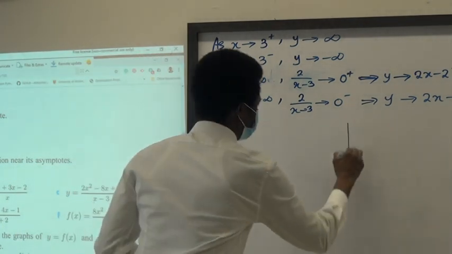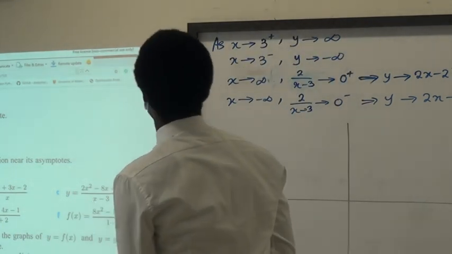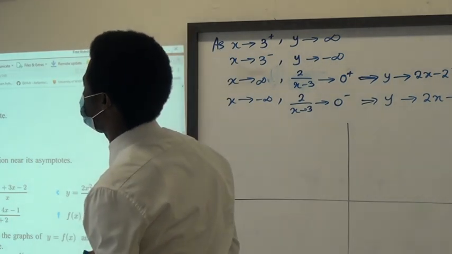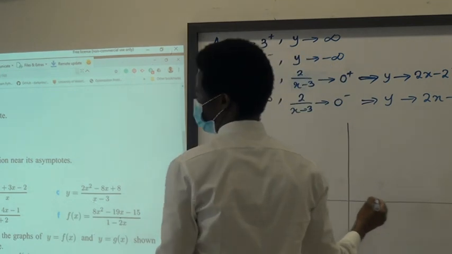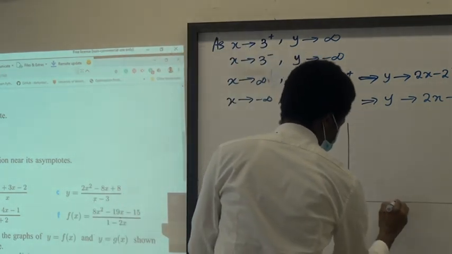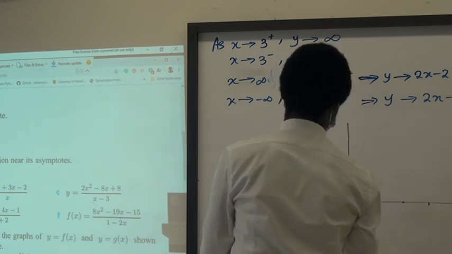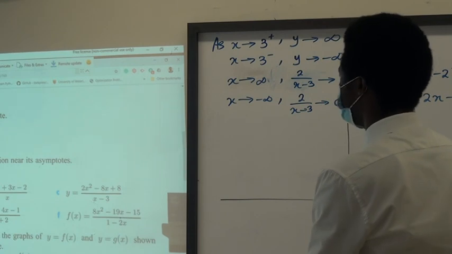So, your xy plane. Let's take care of the intercepts. The vertical asymptote is x equals 3. Another x equals 2 is needed, so x is 1, 2, 3, something like that. So we have a vertical asymptote, x equals 3.